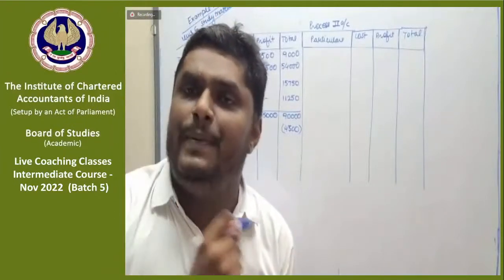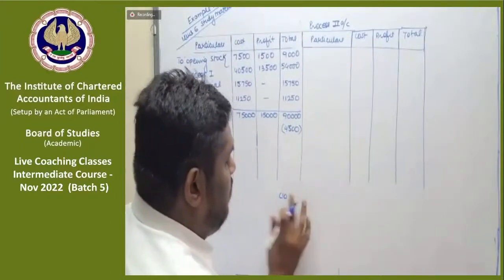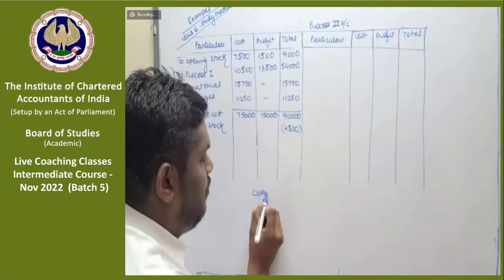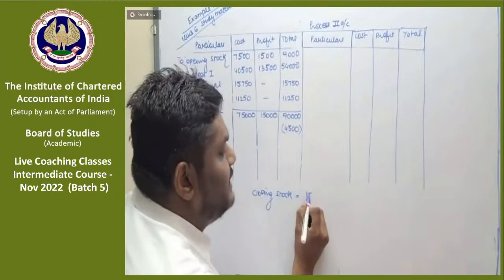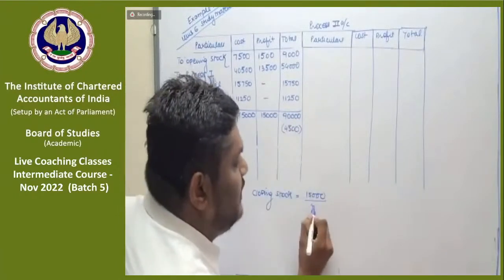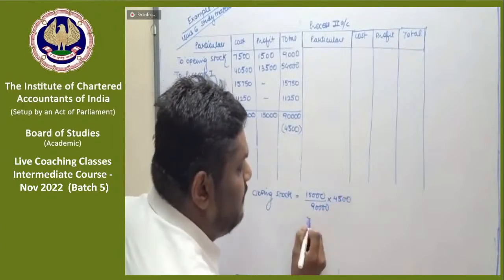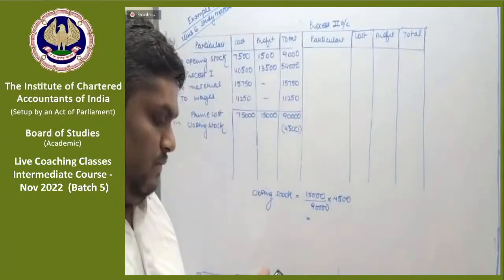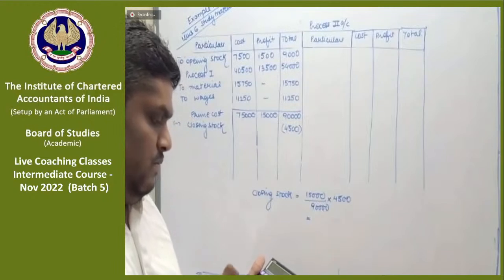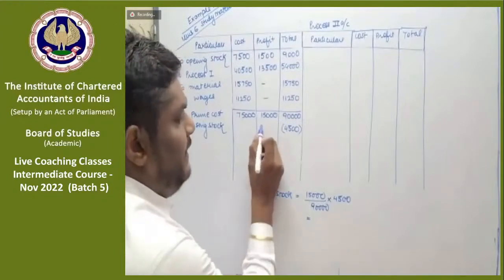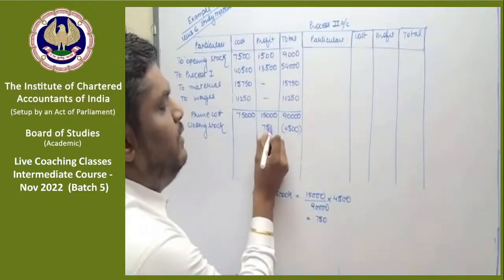So we will reduce the proportionate profit also. 15,000 is the profit on 90,000. So how much will be the profit on 4,500? That is 750.